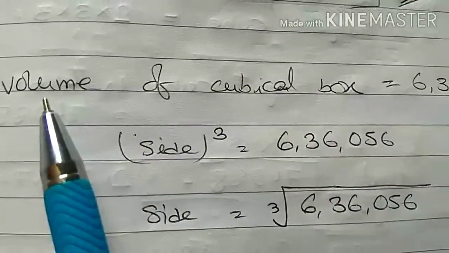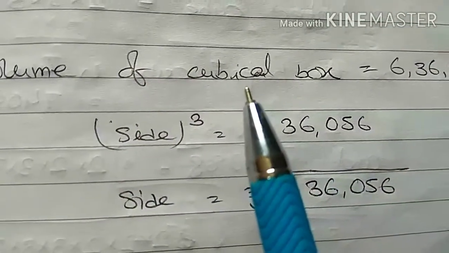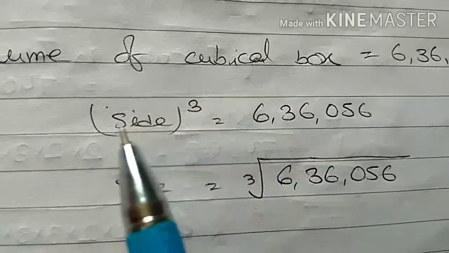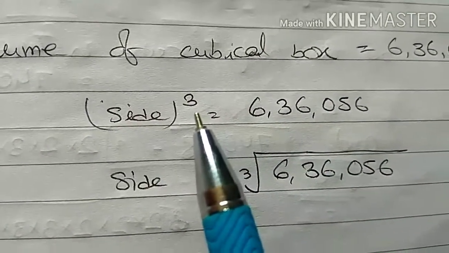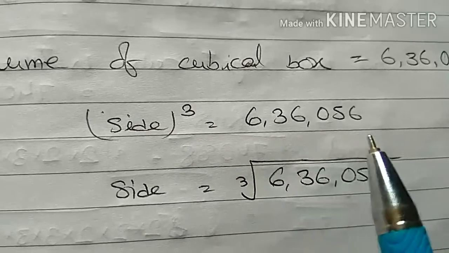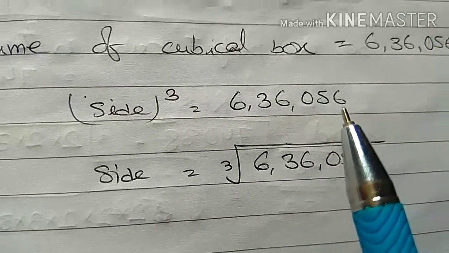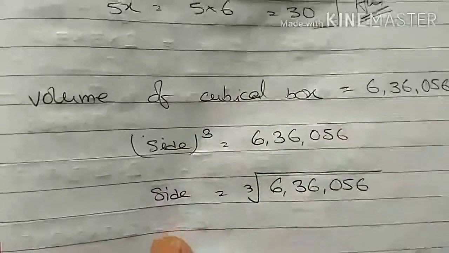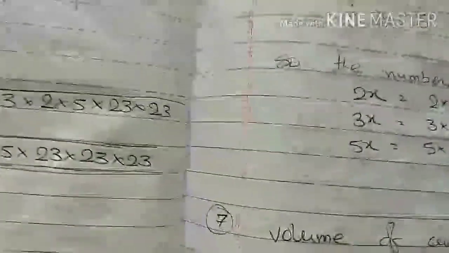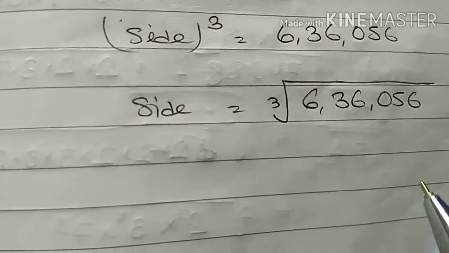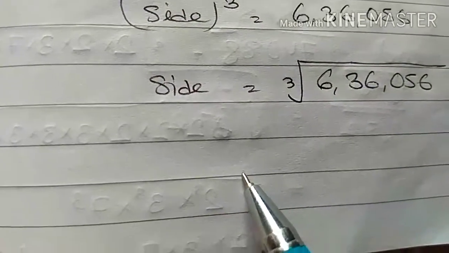As you know, the formula for the volume of a cube is side cubed. So the side becomes the cube root of 636,056. After getting the prime factors of it, you will get the value of the required side.